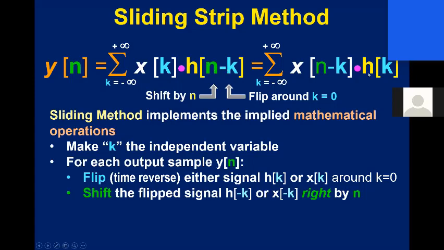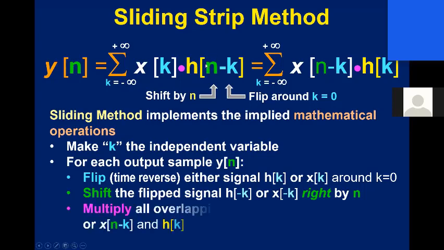And the equivalence of these two says I can choose which of the two signals I want to flip and shift. I get to choose, but I only get to do it to one. And for every index of the output that I want to compute, I've got to shift this h by a different amount. So I choose one, flip it and shift it. Then I have to multiply that flipped and shifted version of the signal by the other signal.